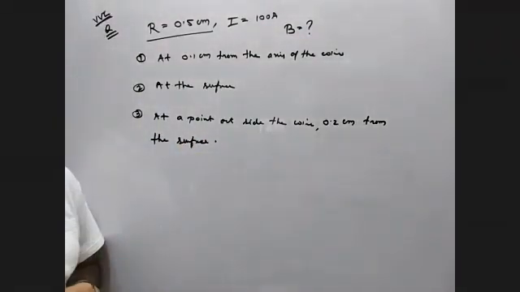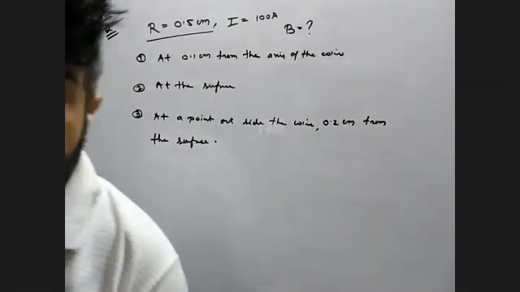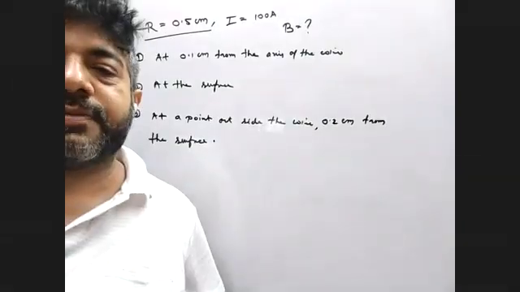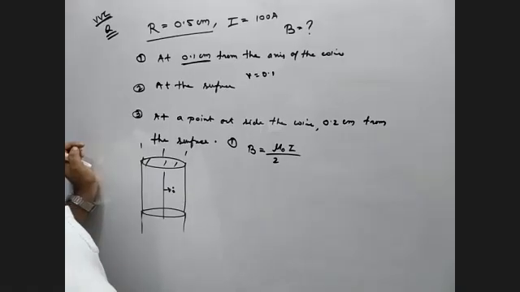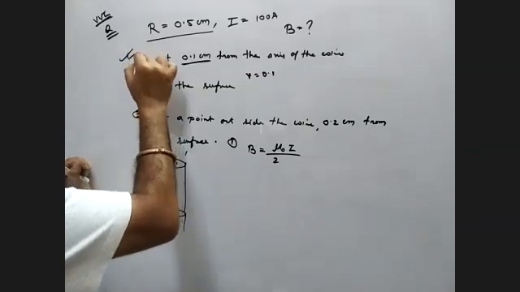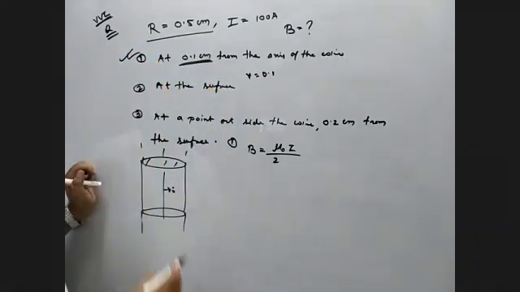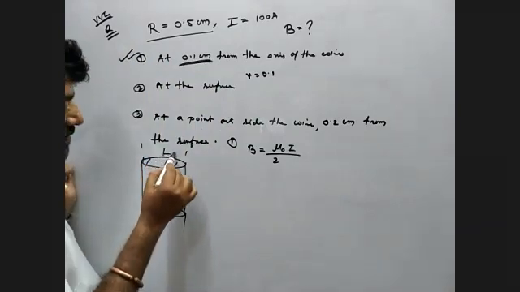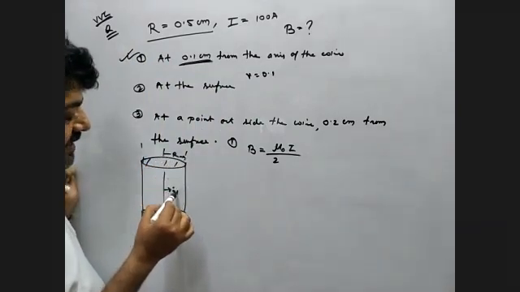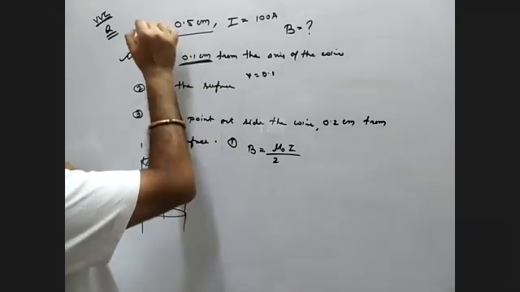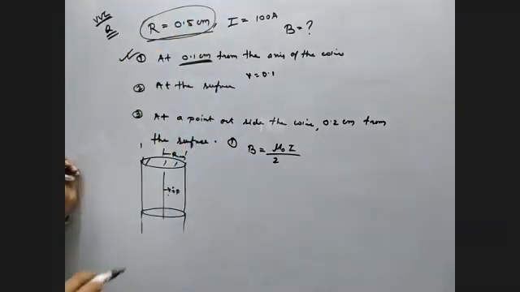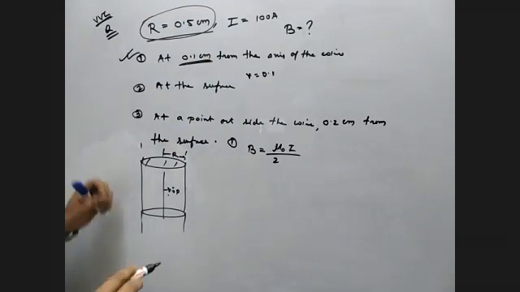So try this question. Okay, I'll give you 2-3 minutes for that question. So for the first one, distance is 0.1 centimeter. If we suppose a solid cylinder of radius r, the point P is inside the cylinder because the radius of the cylinder is 0.5 centimeter and the point is 0.1 centimeter inside the cylinder.